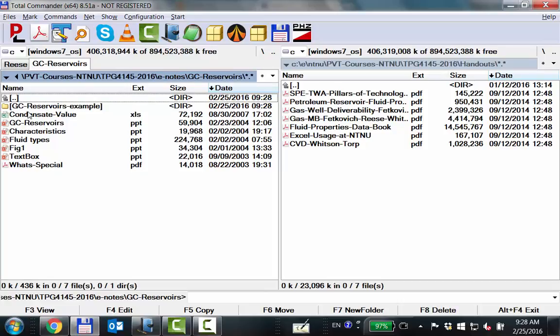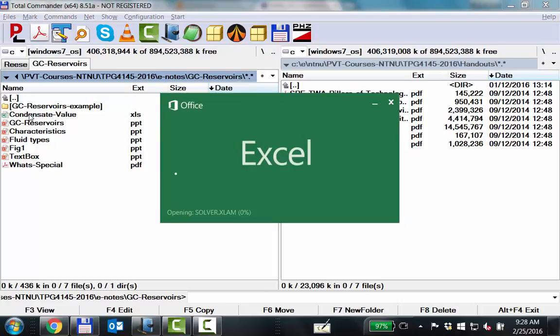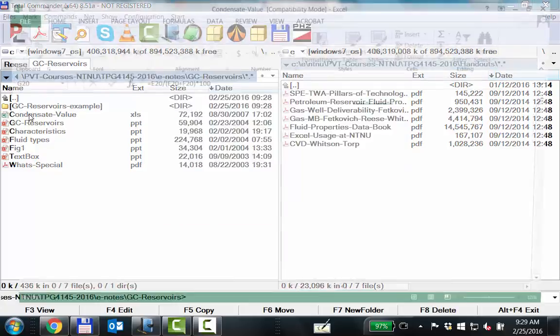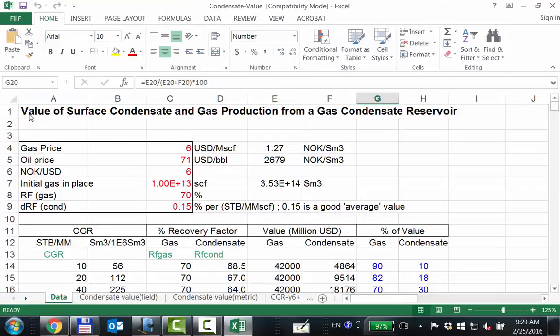There's an Excel sheet called condensate value, which is a little calculator to help estimate the value coming from the condensate versus the gas. So you can open that up if you want to take a look at it, but we can pull some numbers in here and change the prices of gas and oil, which are very different now than they used to be.